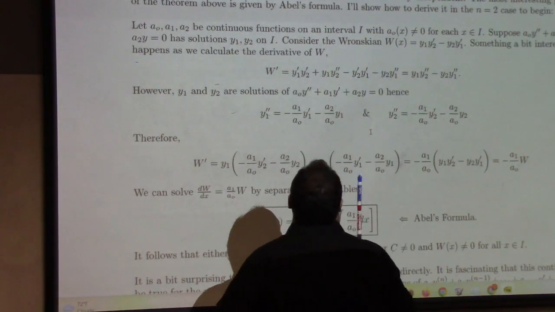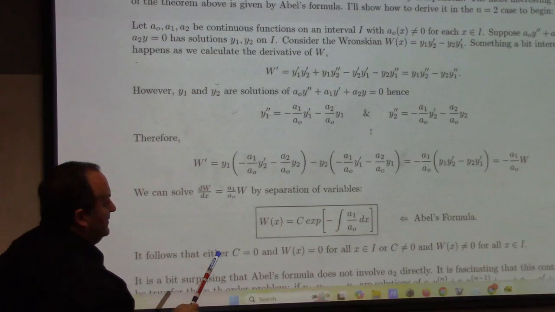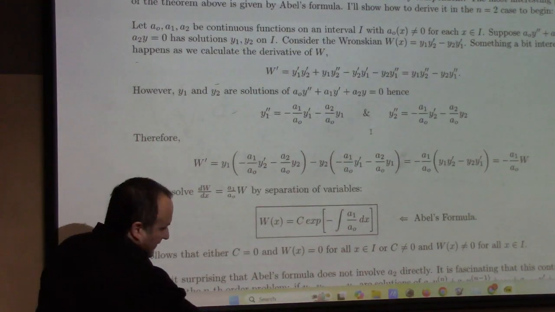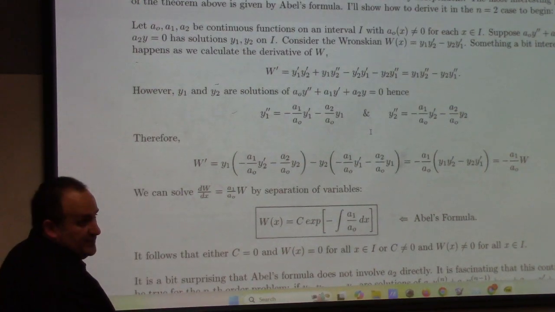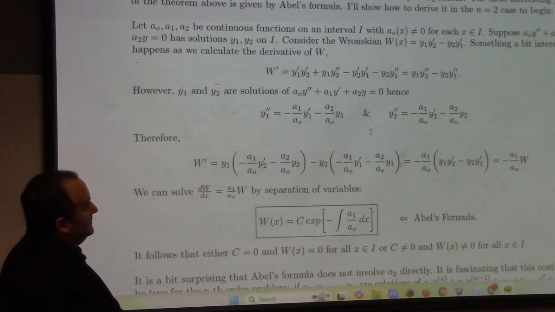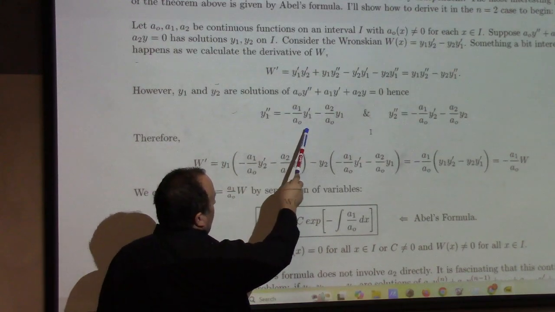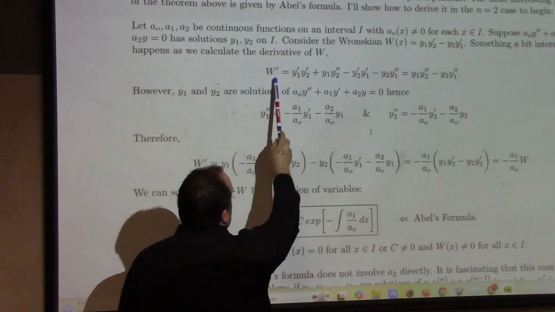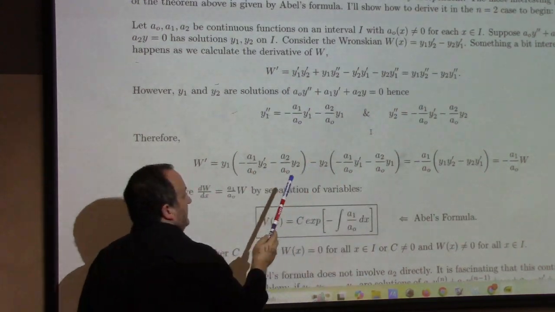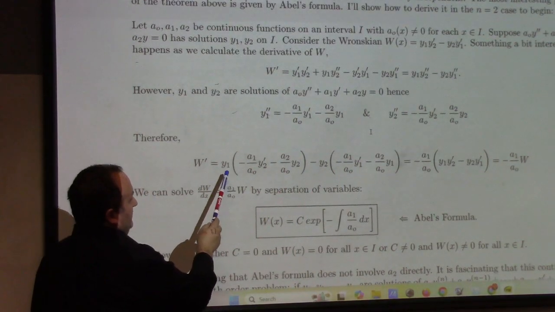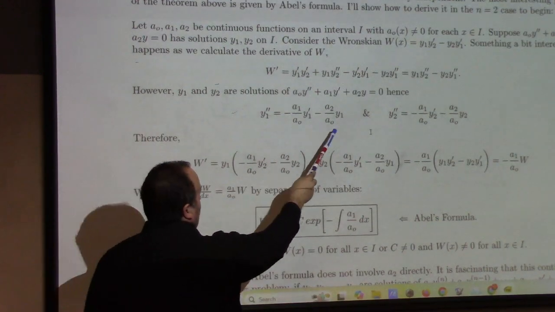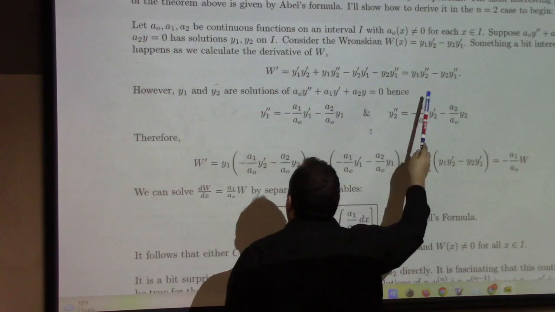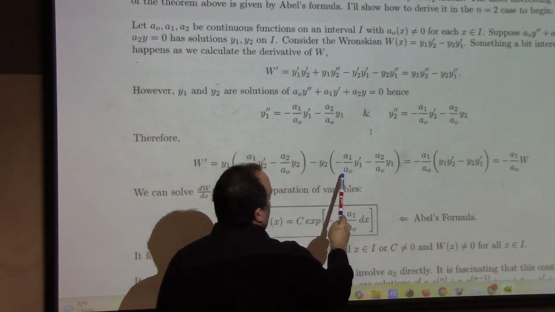But then we can use the differential equation like this and that, and solve for the second derivative in terms of the first derivative and the constant. So I can trade out y1 prime prime for this, and I can trade out y2 prime prime for that. Then I plug that into the formula for the derivative of the Wronskian. I'm literally just putting y1 prime prime here where it was here, and y2 prime prime.